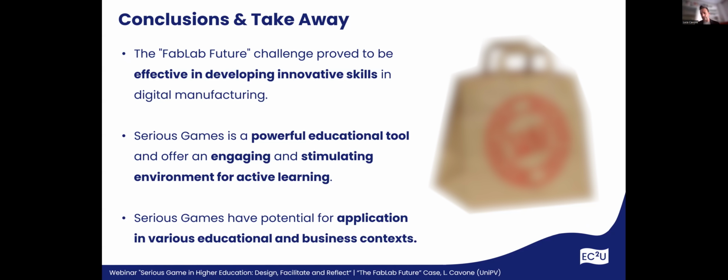But at the same time, from a methodological point of view, the serious game, and especially the legal serious game, proved to be a really powerful educational tool to get engagement and to stimulate an environment for active learning. And besides my experience in this limited context, we know that there is a huge potential for other kinds of application, still in education, but also overall in the business context.